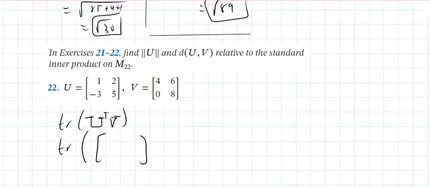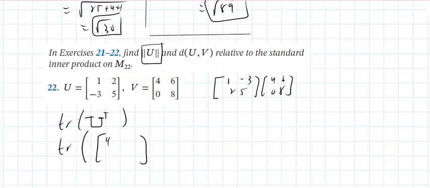Okay, and that's going to be 4 plus, that's 4, and that's 1, 6 minus 24, 6 minus, oh, I didn't see that, my mistake. It's asking for this.